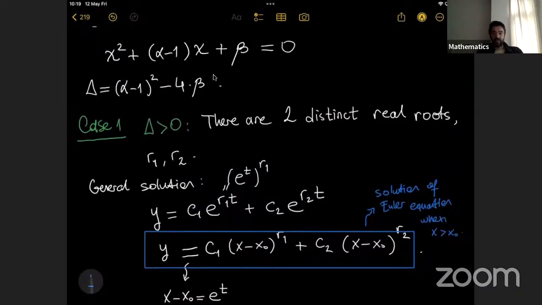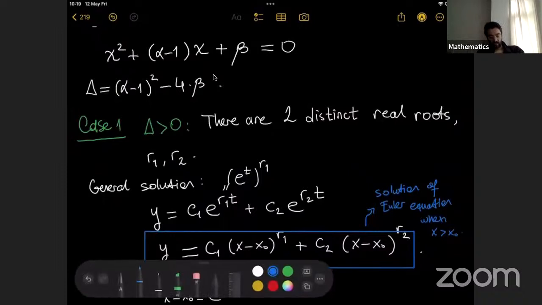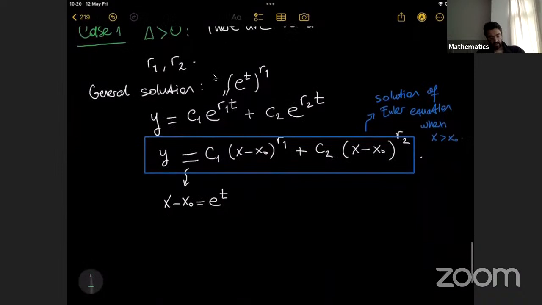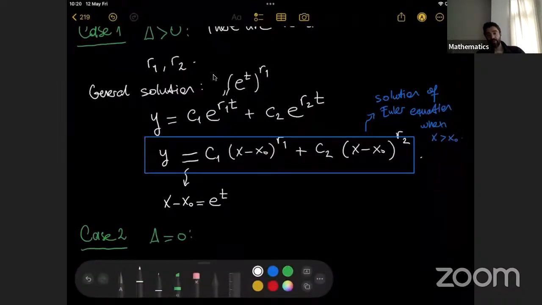Well, let us check other cases. So when delta is equal to 0, what we get is case 2. In that case, we will have two real solutions, but the same, right? Well, actually one real solution, a repeated one.